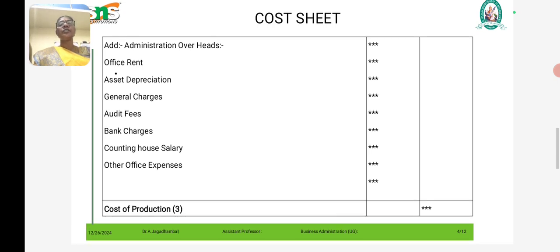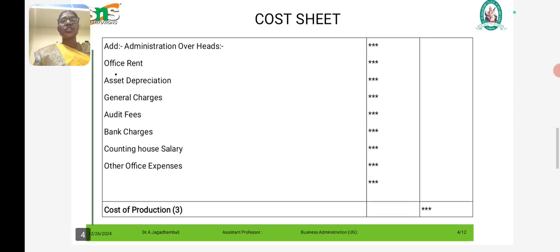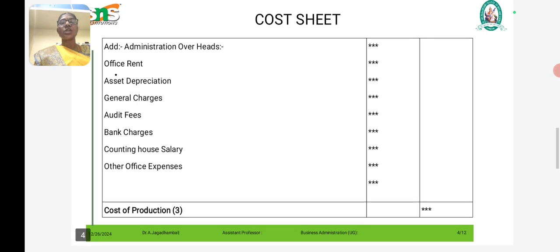Then asset depreciation, which may include fixed assets and current assets. Then general charges, any other general charges are included in the administrative overheads. Then auditor fees are included in the administrative overheads.